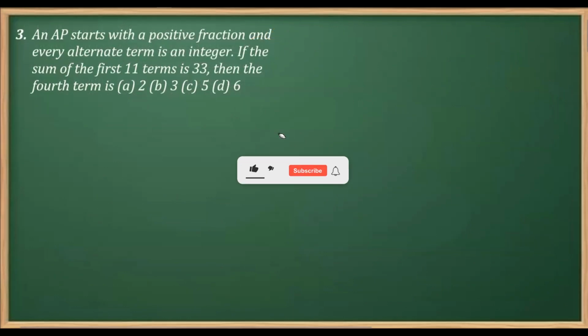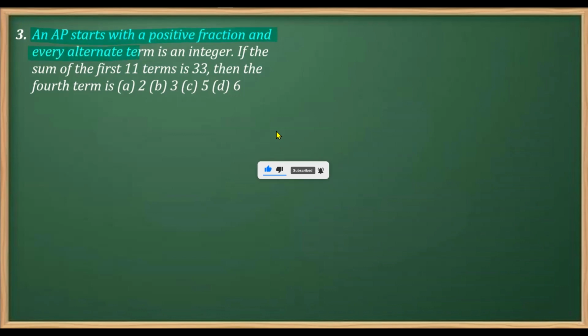So now in this third question, it says an AP starts with a positive fraction and every alternate term is an integer. So it's something like that. If I can show you, there is a fraction, I'll just make boxes over here to indicate something.